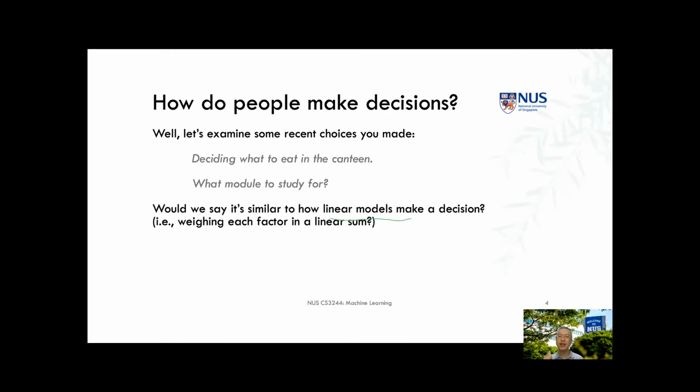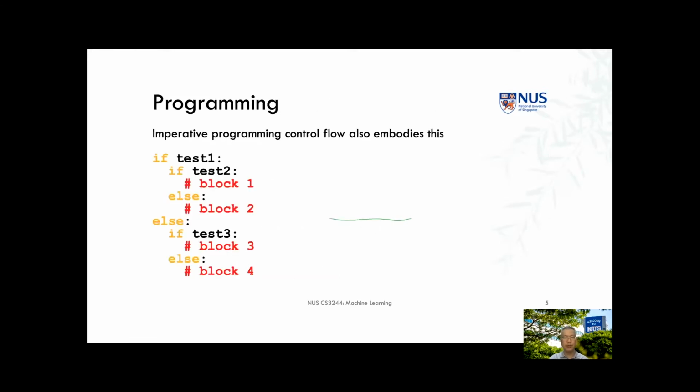If positive, the answer is yes; if negative, no. People don't do that. We have a limited amount of attention, so we usually take an important feature and make a decision based on that.